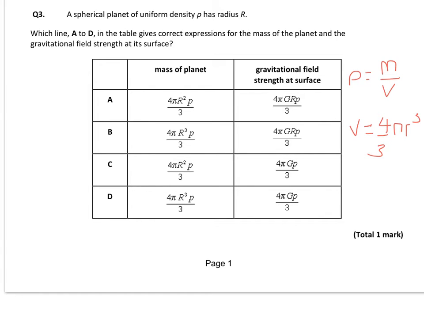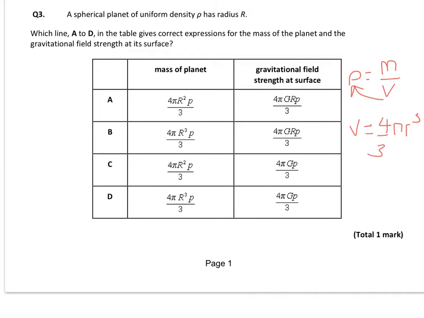So then mass is going to be density multiplied by that. So essentially we're taking volume over to this side of the equation here. So it's going to be 4 over 3 pi r cubed multiplied by the density, which gives you the mass of the planet.